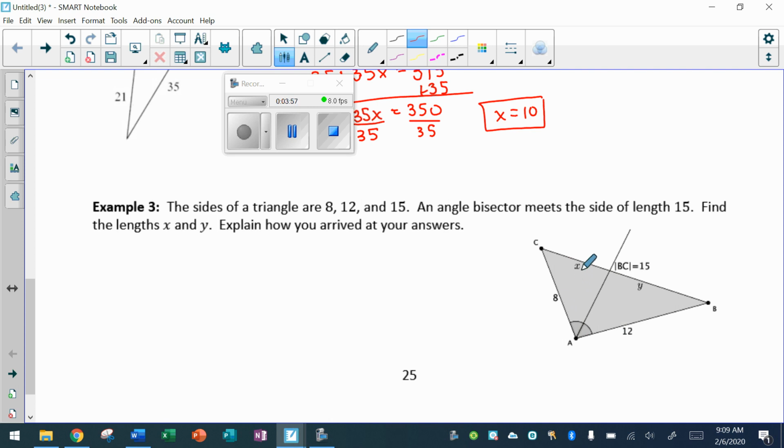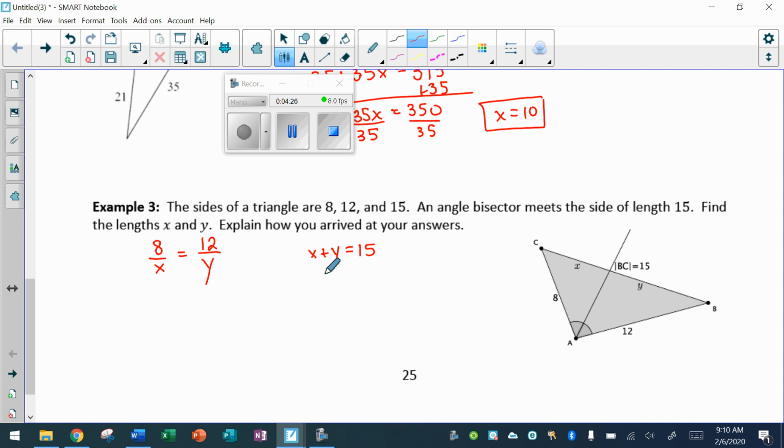So your first initial equation, I think, would be 8 over x, angle bisector, equals 12 over y. But I'm not going to get very far at that because I have two variables. But what do you know about x and y? They add up to 15. So x plus y equals 15.